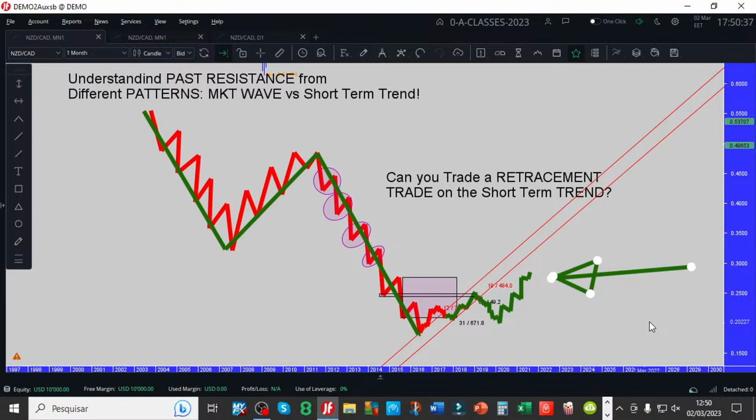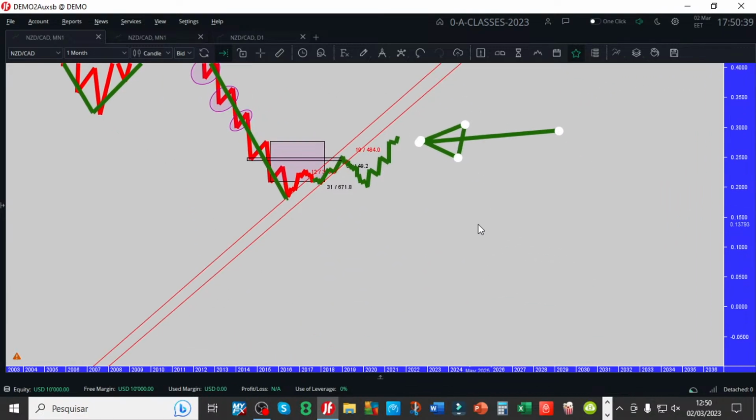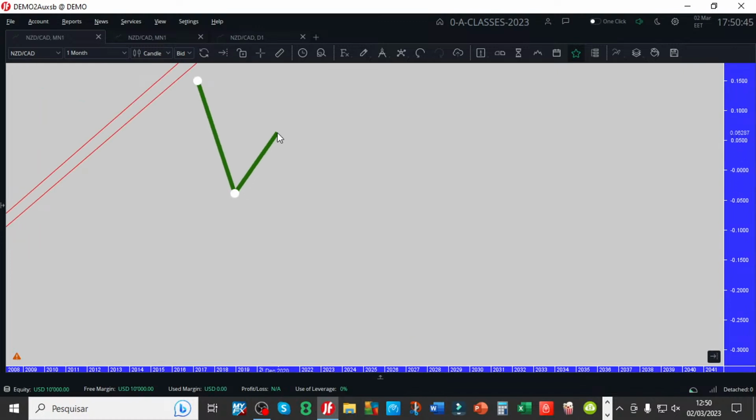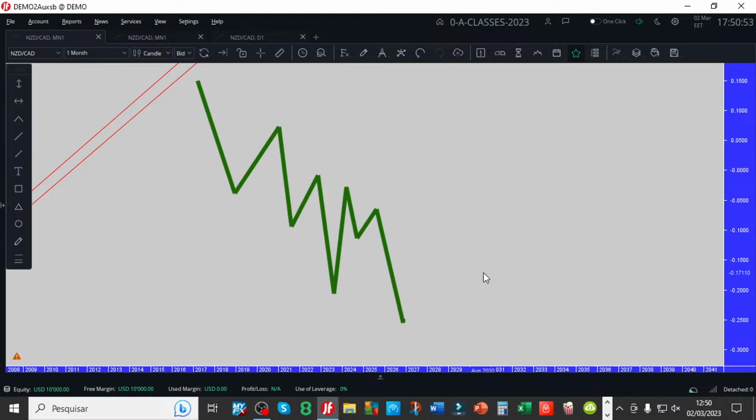Okay, everybody? So it's going to happen. Now this is the market wave. Lower lows, lower highs, lower lows, lower highs, lower lows, lower highs. This could be the market wave like this. Alright? And hear me out again.